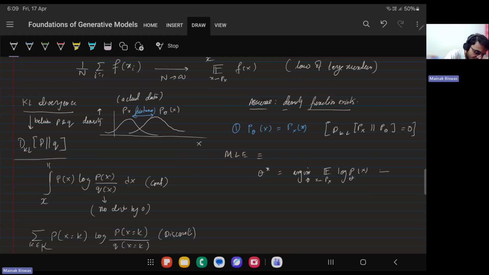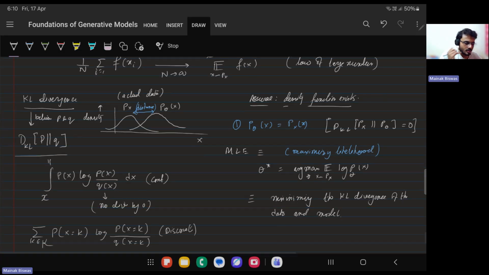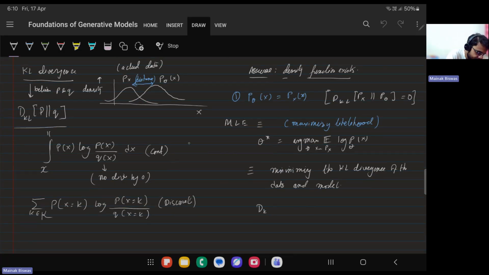Maximizing the likelihood is equivalent to minimizing the KL divergence of the data and the model. We can write this as D_KL of P(x) and P theta of x. Now let us see why it is equivalent.